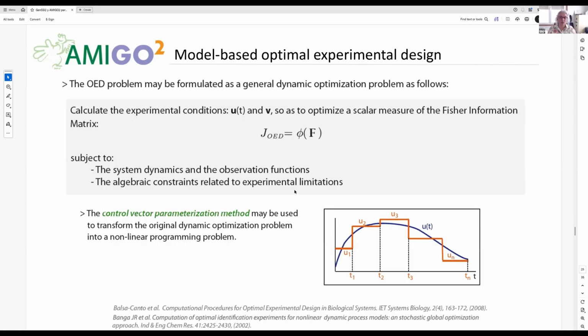So we formulate the problem as an optimization problem, as I said before, and we can use as a measure of the information provided by the experiment the Fisher information itself, because we use it as the inverse of the uncertainty. If we have a very large Fisher information matrix, what we will have is a very small hyperellipsoid, which means a higher confidence on the parameters, and we can account for that volume using the determinant of the Fisher.